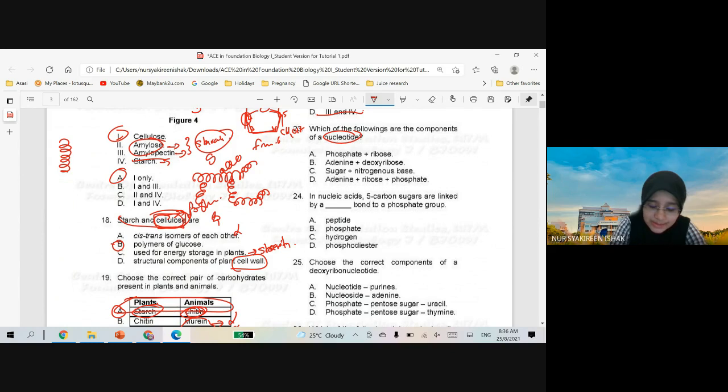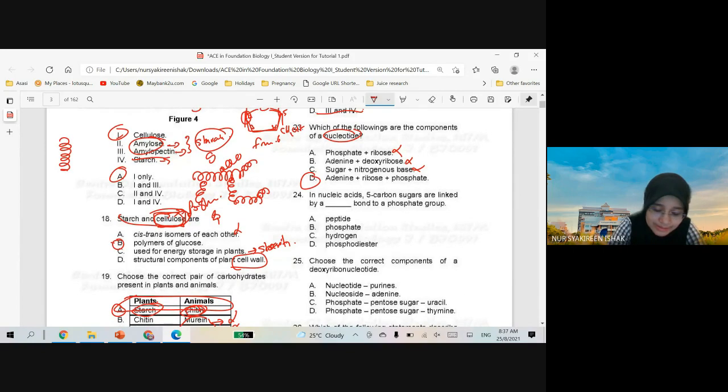If it's RNA, it is ribose. And then the ribose is bonded to a base. So this one is wrong because there is no base. This one, adenine and deoxyribose, is wrong because there is no phosphate. Sugar and nitrogenous base is wrong because there is no phosphate. And then the answer will be D.